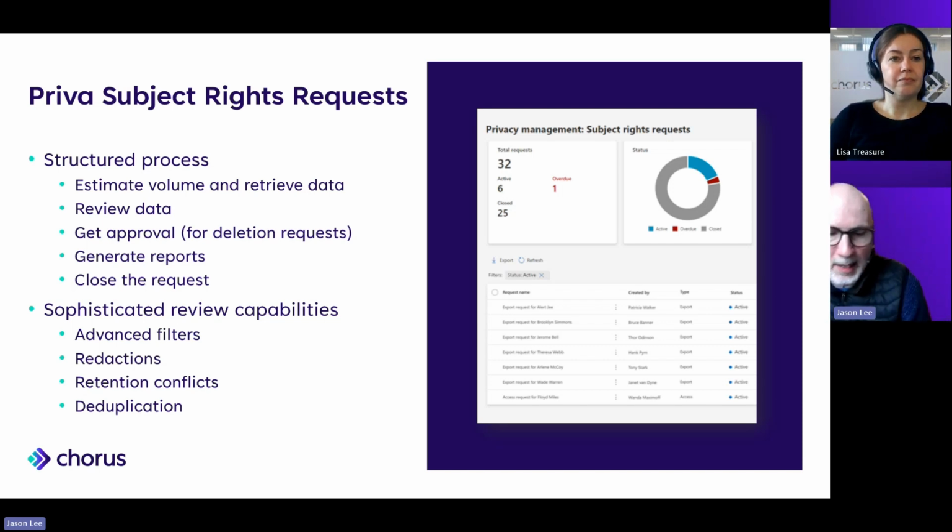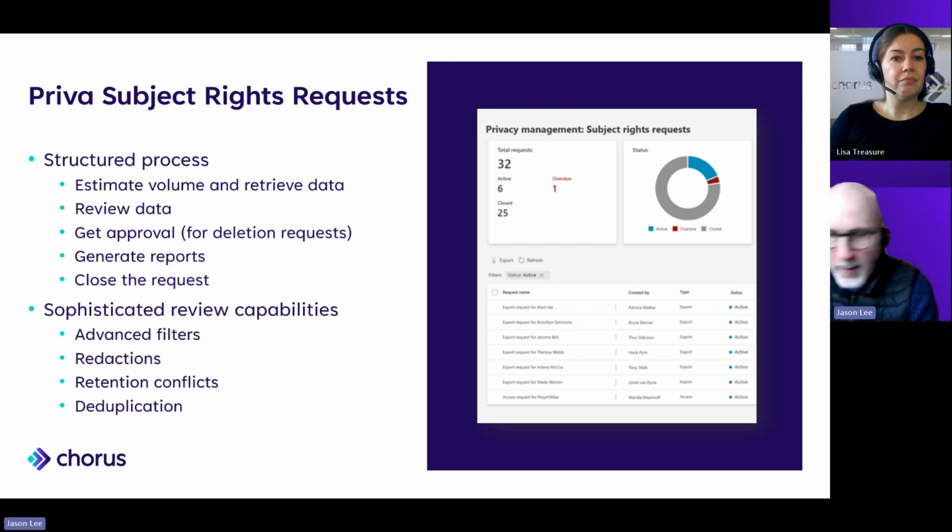Approval is particularly important if the request is right to be forgotten, the request to delete data. You can generate reports, complete the process, and then close the request. So it's really giving you an end-to-end process for streamlining and working through that request.